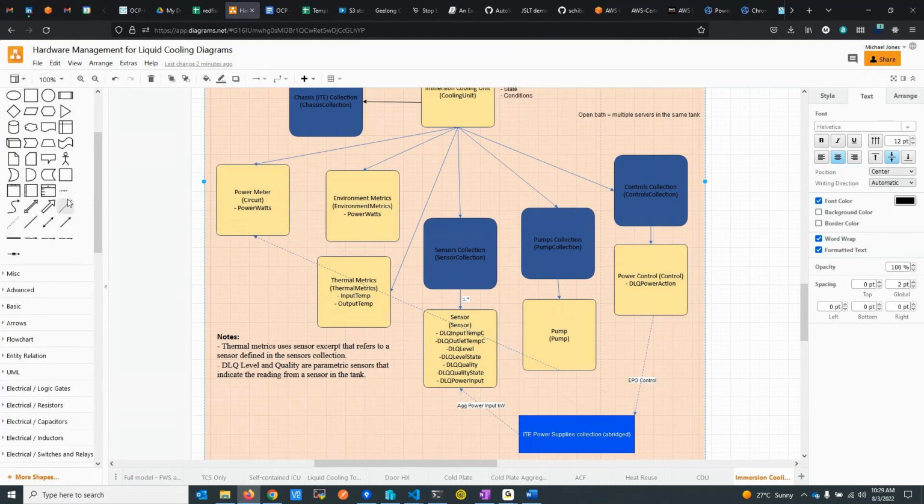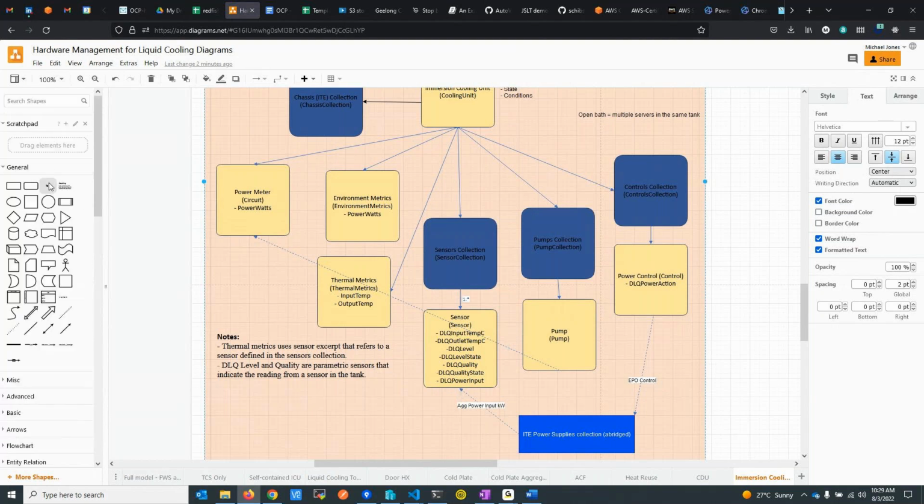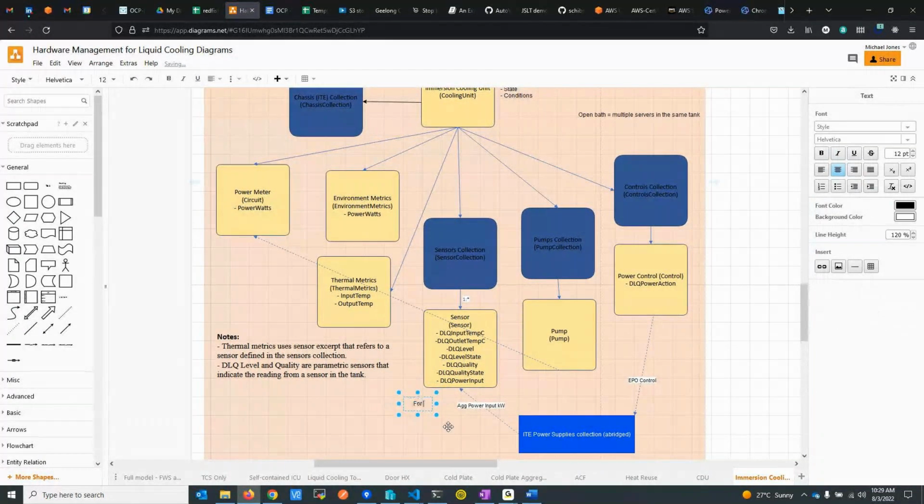Is that an accurate statement, given that there's no manifold level sensing that we know of?